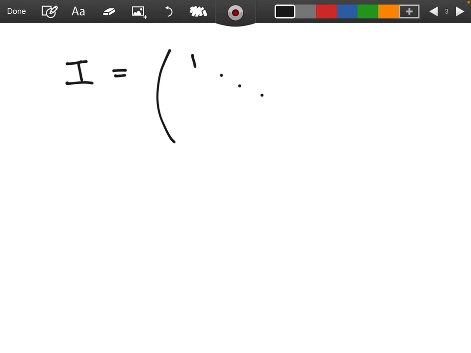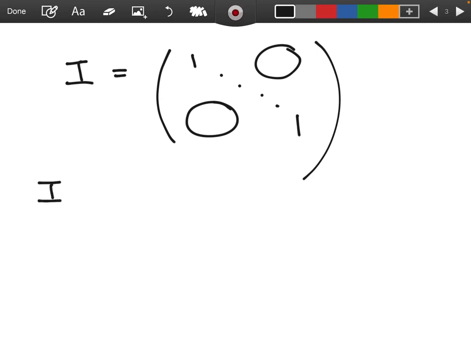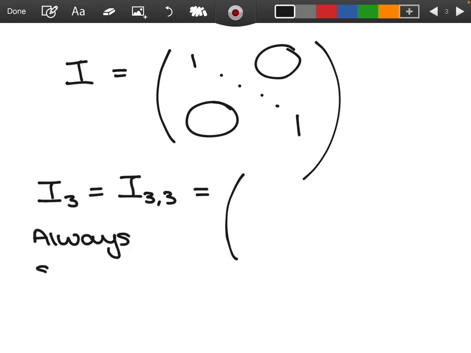So what does the identity matrix look like? The identity matrix that we denoted as a capital I is just a 1 on the diagonal entries and zeros elsewhere. Okay, so for example, a 3 by 3, there's different notations for it. You can see it as I3, sometimes it's denoted as I33. But that would be a 3 by 3. They're always square.